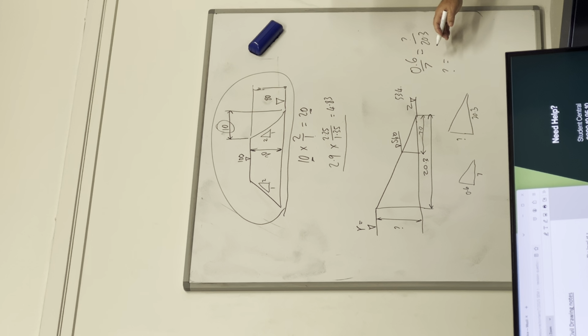The answer is 1.74, and if you can tell me how you got that, then I'll tell you how to get half a mark. 0.6 into 20.3 divided by 7, the whole lot divided by 7. Okay, and you ended up with 1.74.